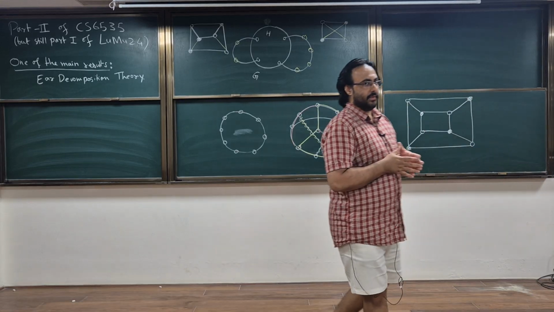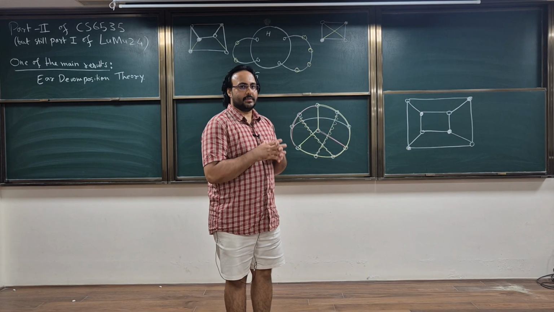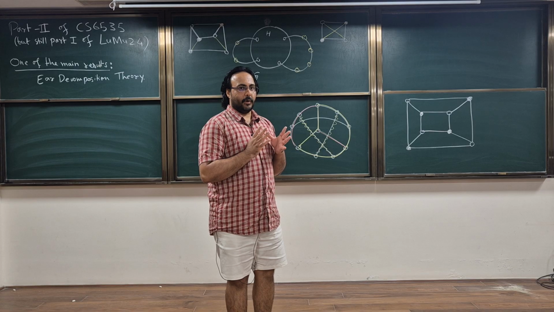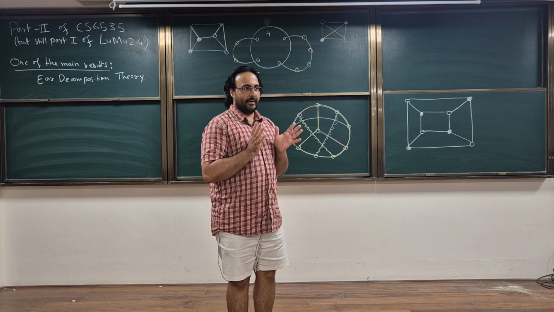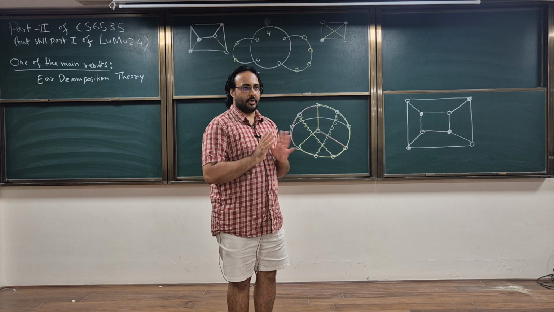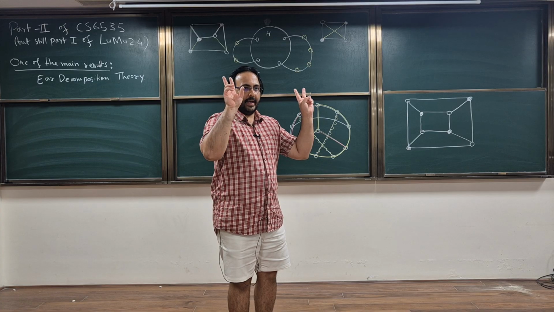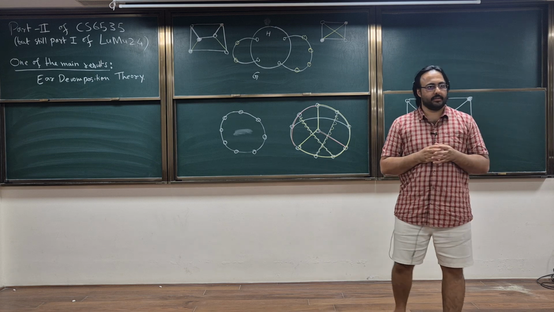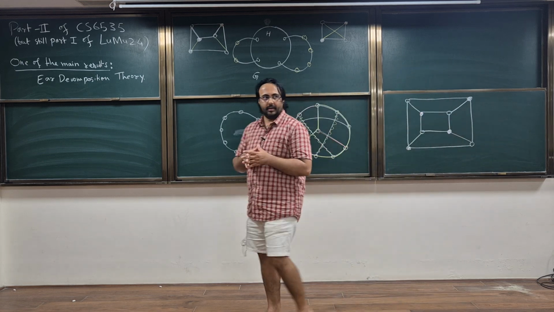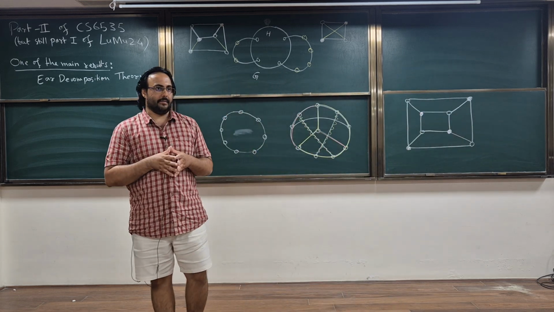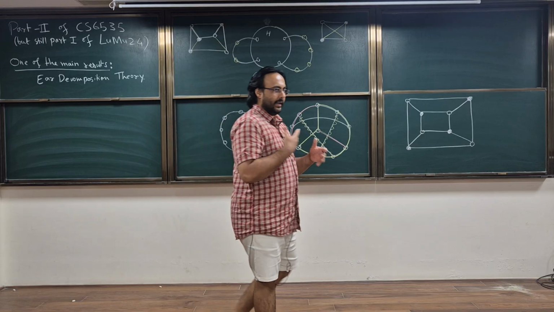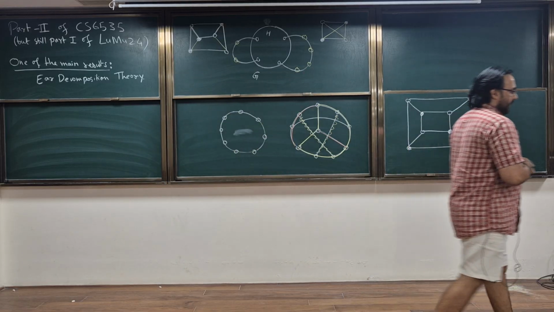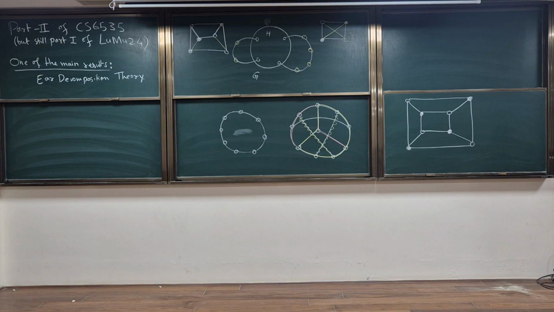We will see examples of this. So the idea is, let's not worry about ears, let's just focus on edges, and then we will get all the ear decomposition results as corollaries of the so-called edge results. And that's what we are going to do next. We are going to focus on edges of a matching covered graph, and when can we delete them, etc. Are there any questions or concerns?